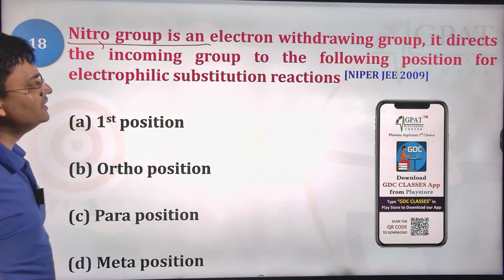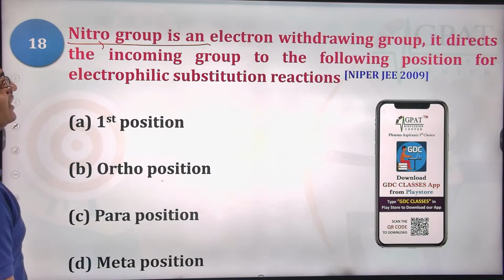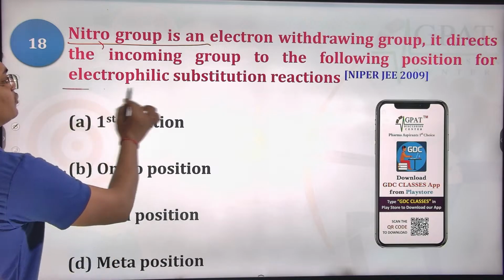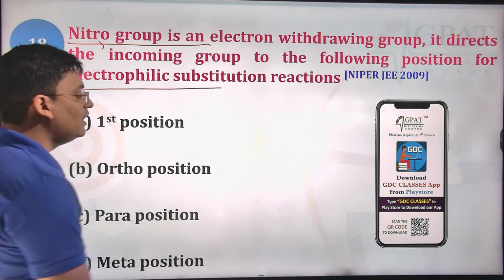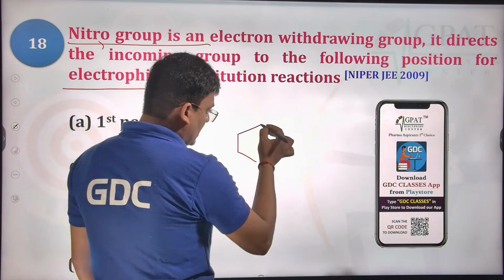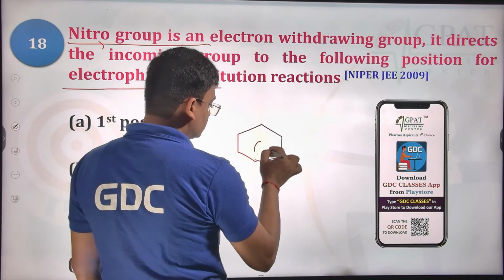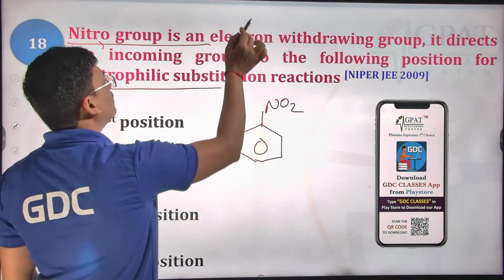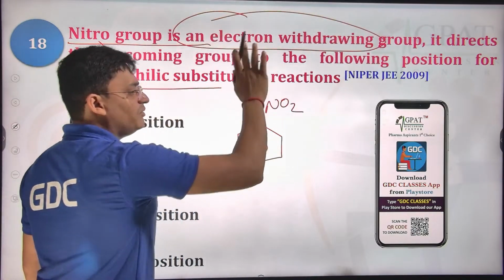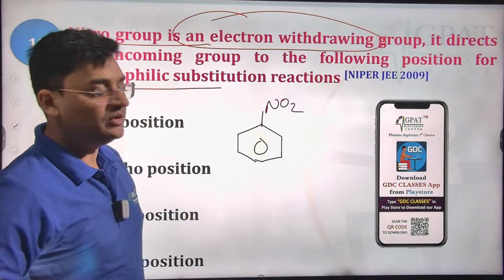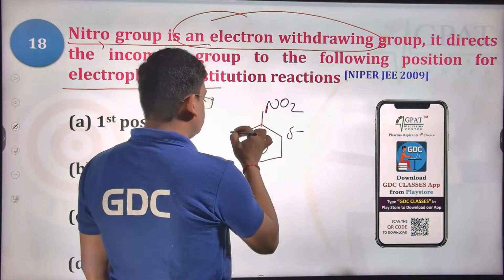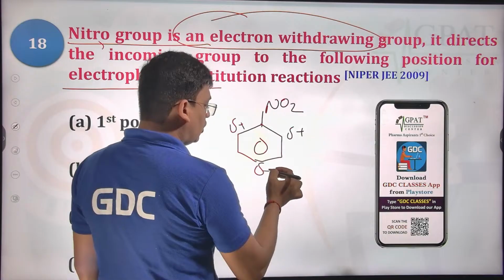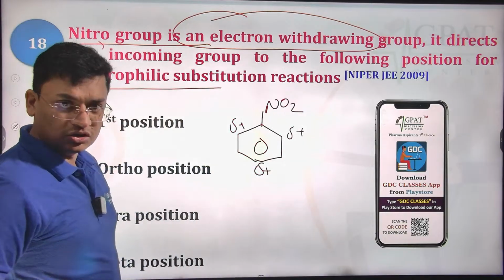The nitro group is an electron withdrawing group. It directs the incoming group in electrophilic substitution reactions. For benzene with a nitro group attached, the nitro group creates electron deficiency at the ortho and para positions.